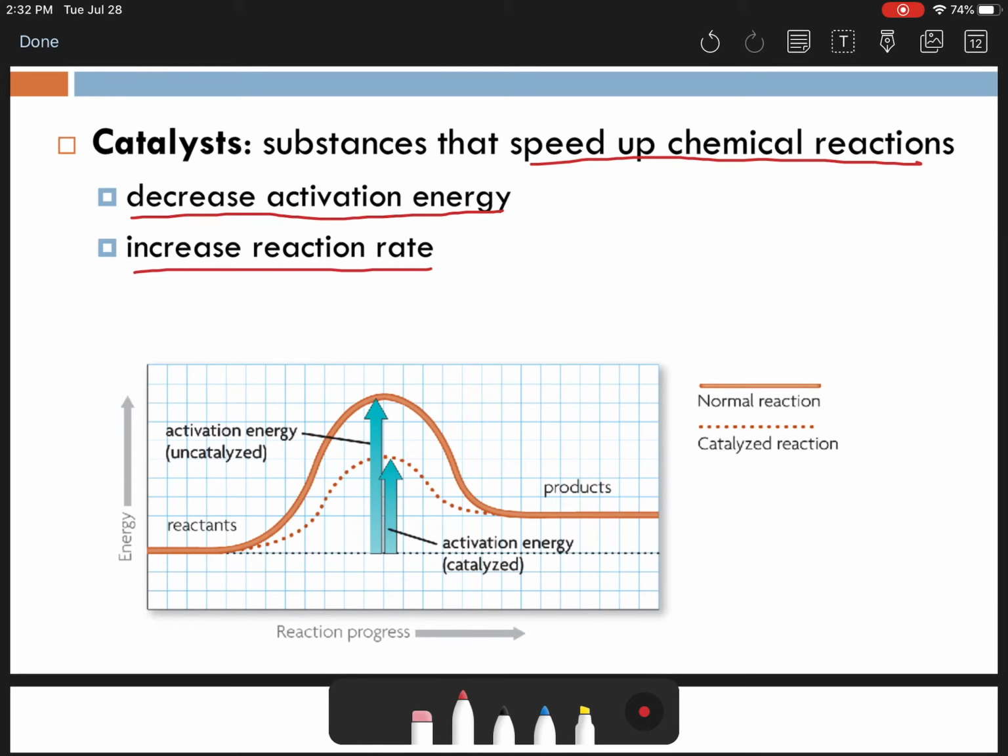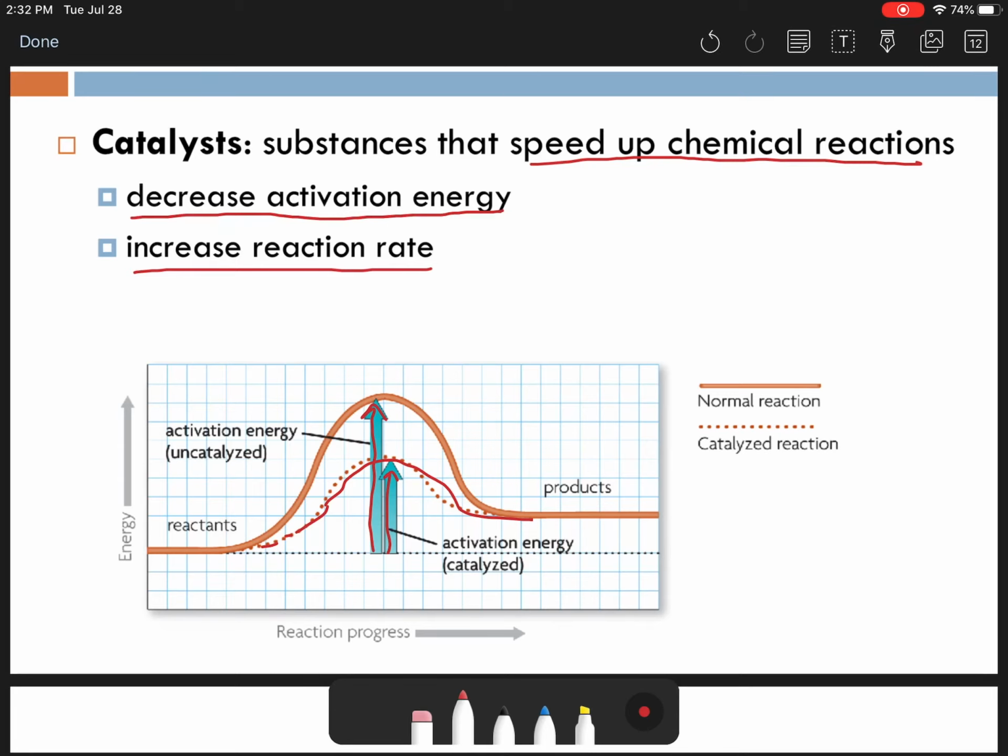And so if you look here, here we have a normal reaction occurring, and you can see here again the amount of energy needed to get that reaction going is called activation energy. And this is the amount of activation energy that would be needed if we added an enzyme right here in this dotted line. Look what's happened. We've lowered the amount of activation energy needed for that reaction to take place.